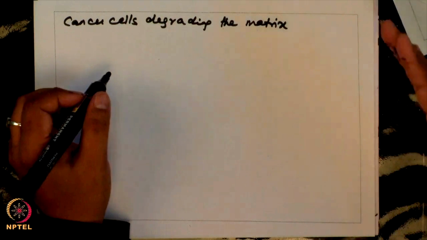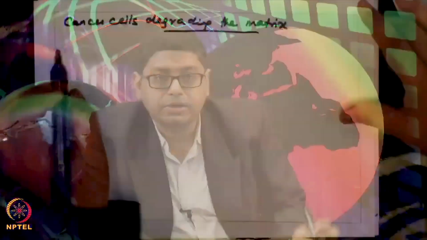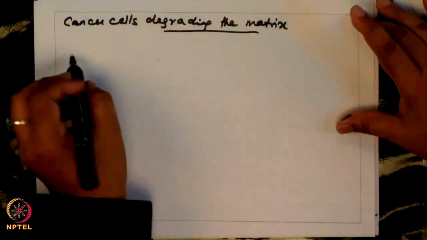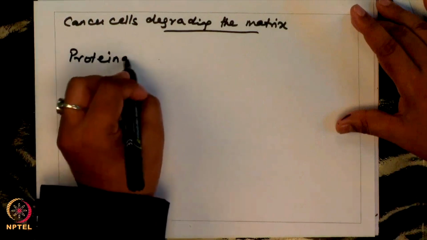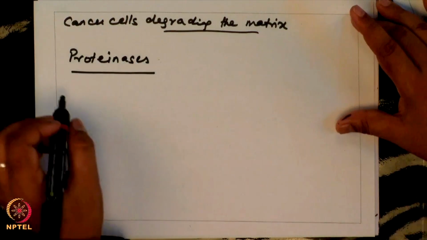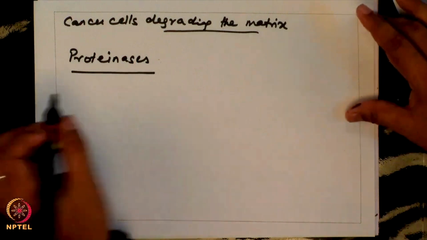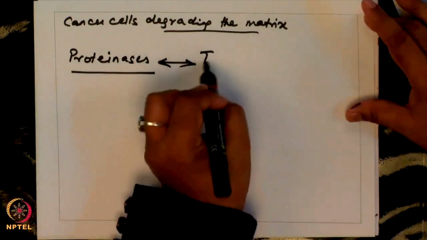Not only does stiffness stimulate cells to proliferate and integrate, but the invasion must be associated with a mechanism which allows cells to secrete proteases to degrade the matrix. Some of the most degrading of this matrix is mediated by a class of proteins called proteinases. So this has been linked to tumorigenesis.